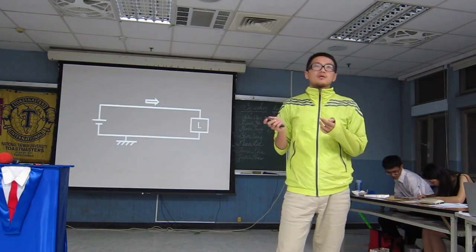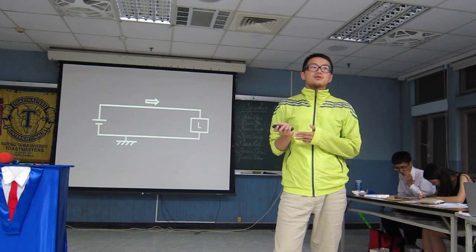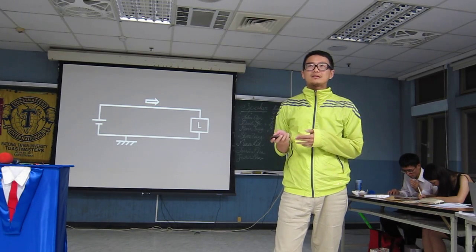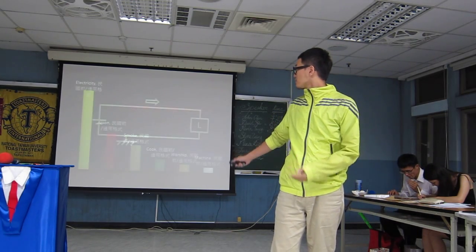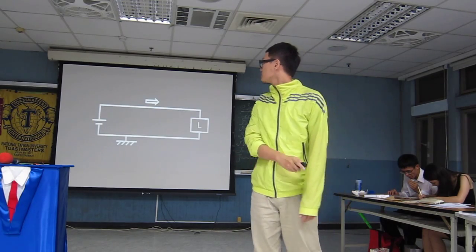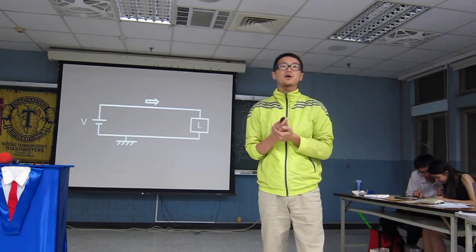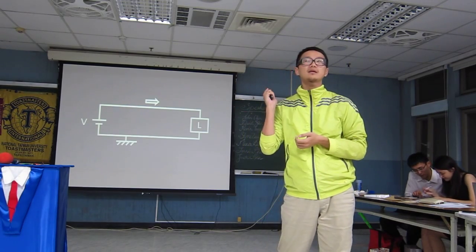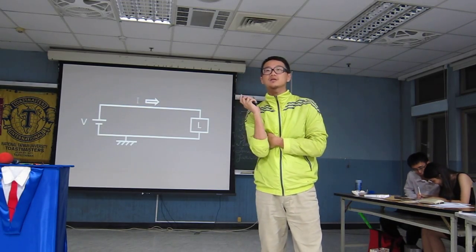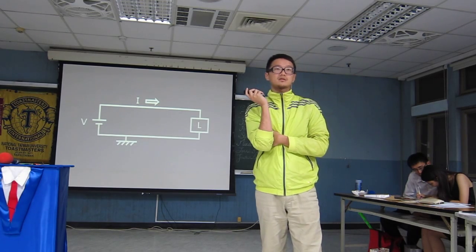Usually the voltage of the source is steady, which is to say the voltage V is constant, and by the rated power of your device we get the current I in the circuit.